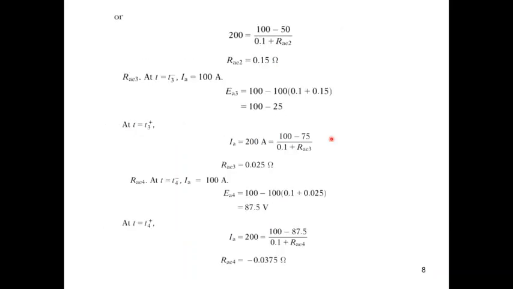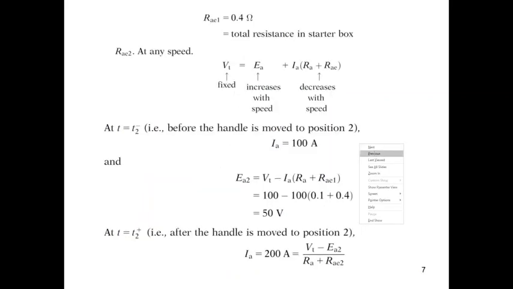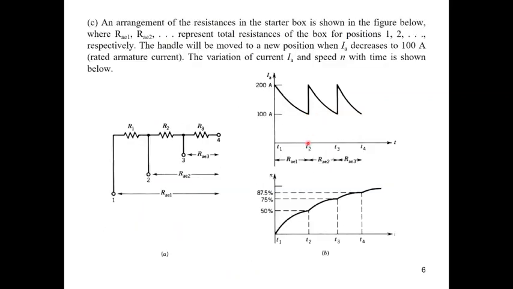Victor, yes? We said the voltage will be the same. Why is it 200? No, the current is not the same. Again, let's return to this figure. At T2, we have two values of current: 100 amps at T2 minus and 200 amps at T2 plus.